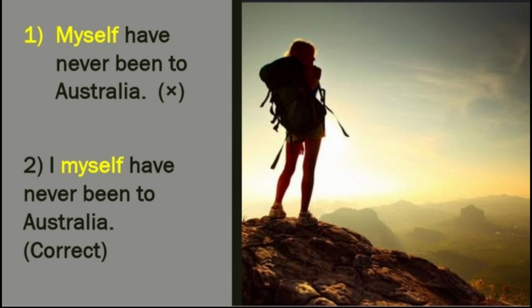So, the second one is correct because it is placed right after the antecedent, that is the pronoun that it is describing. So, it is placed right after the antecedent I. Therefore, emphatic pronouns are the forms of reflexives that function as emphasizers to lay emphasis on the antecedent mentioned in the respective sentence structure.